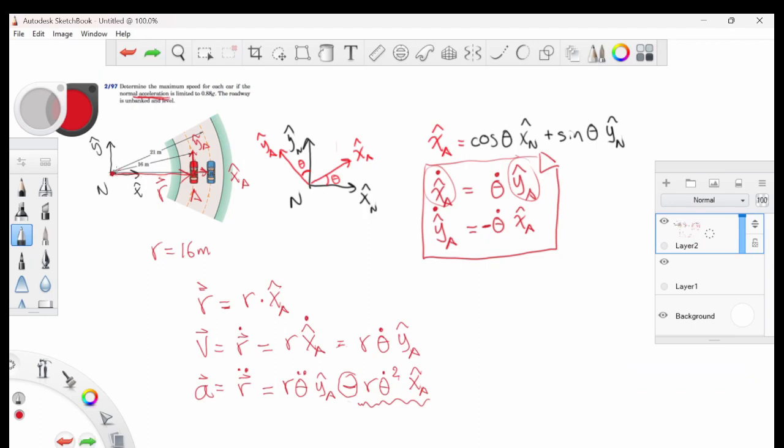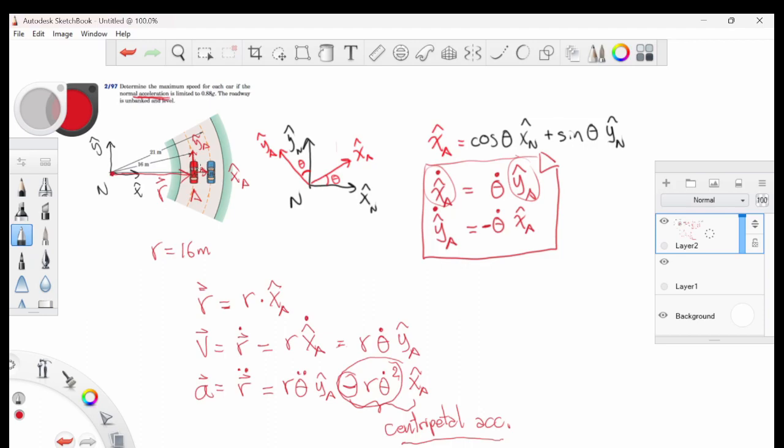In your physics courses, you have called this term the centripetal acceleration. And now you found an expression for the centripetal acceleration just by derivating the vector description of the position of the car A.